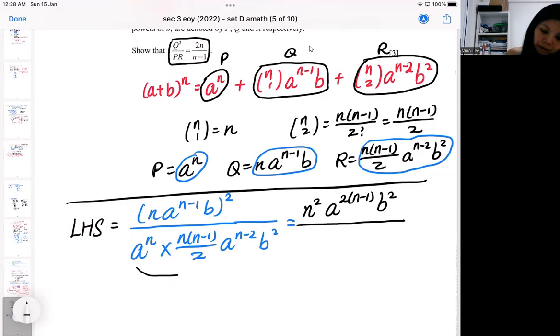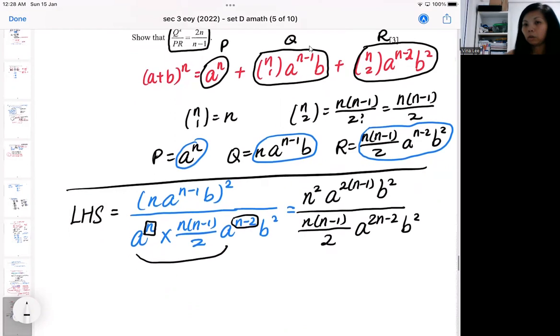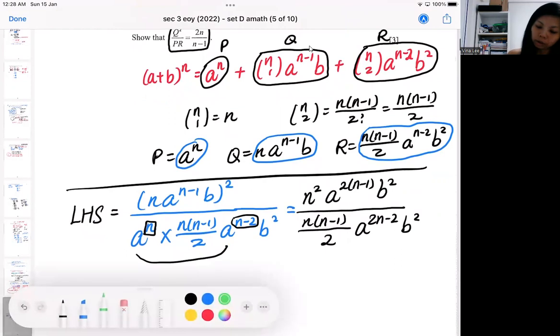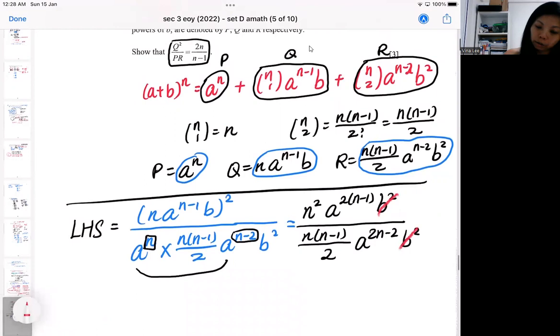If I'm multiplying in the denominator, I see the same base multiplication, so I can add these two powers. You realize you can actually cancel this part. If you check out the proof, eventually all the a and b will disappear.